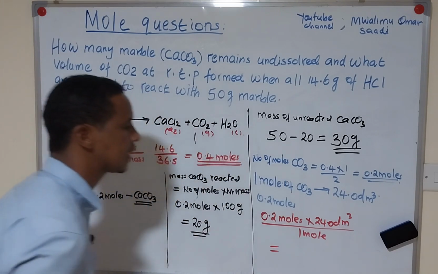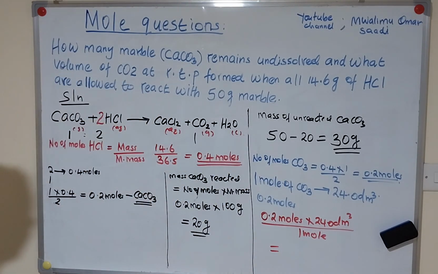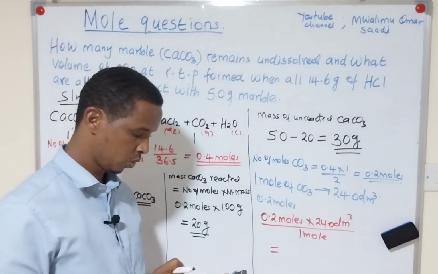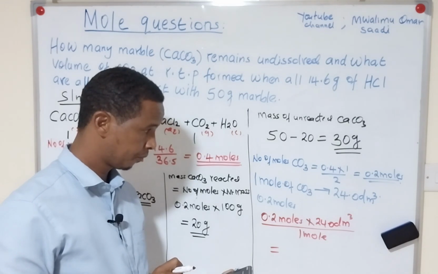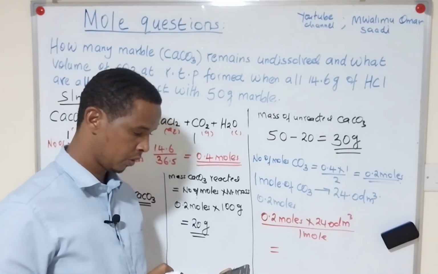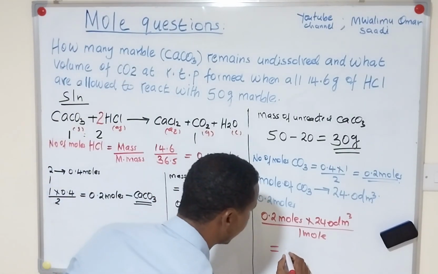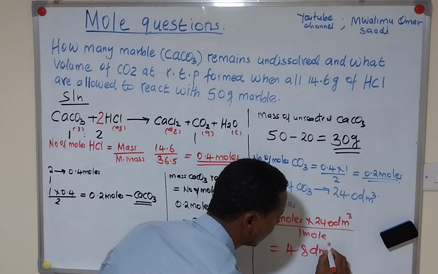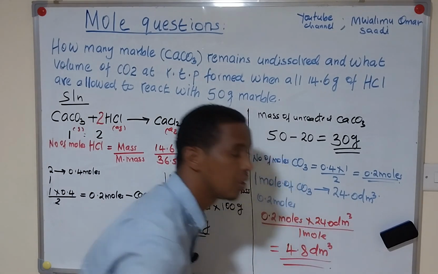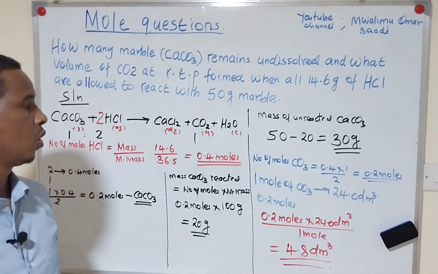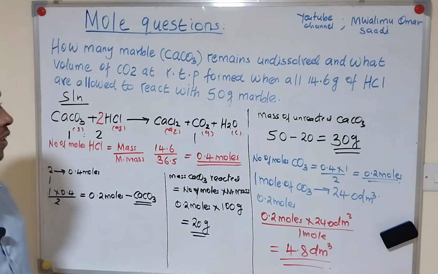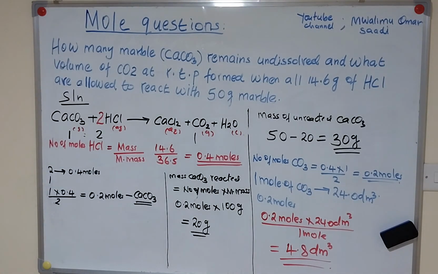So 0.2 times 24 is 4.8 dm cube. So that is the volume of carbon(IV) oxide at RTP, and that is how we do that question.